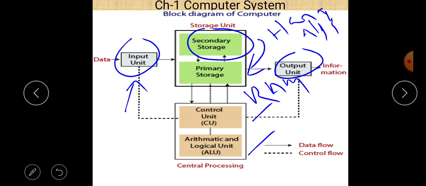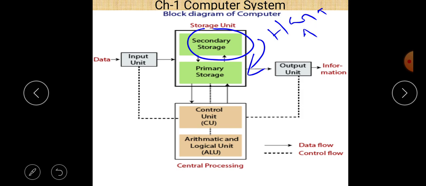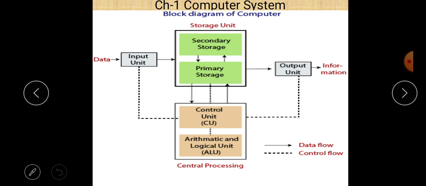What we get from the computer system is called the information, and this information is given by the output unit. So different output units represent different output devices here. So this is the block diagram. Now I think you are able to understand the block diagram of the computer system.